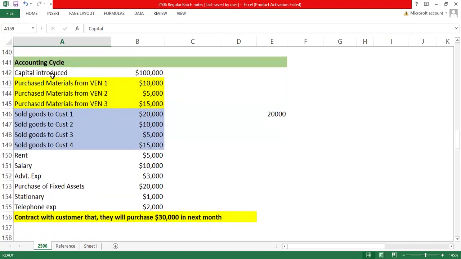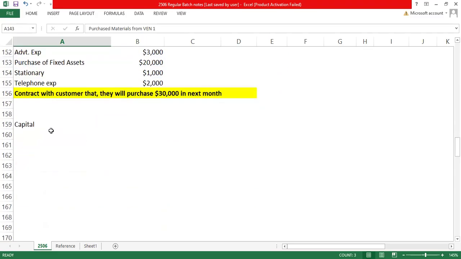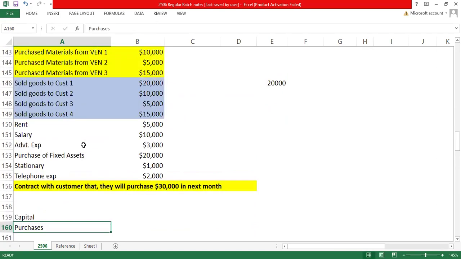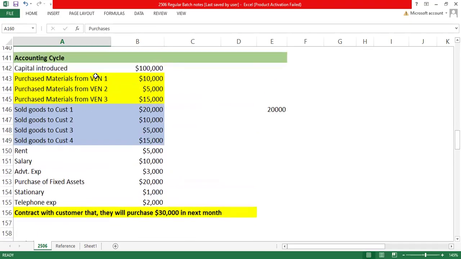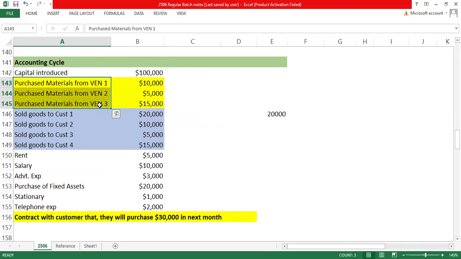The next account is purchases. Though there are multiple vendors, those will become your sub-ledgers. Vendor 1, vendor 2, vendor 3 are sub-ledgers. From all the vendors, we put one summary number that is called purchases. Your purchases will become a main ledger, and all the vendor account-wise numbers will become your sub-ledgers.